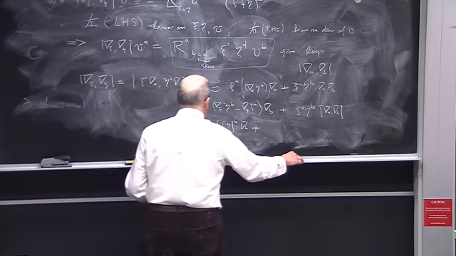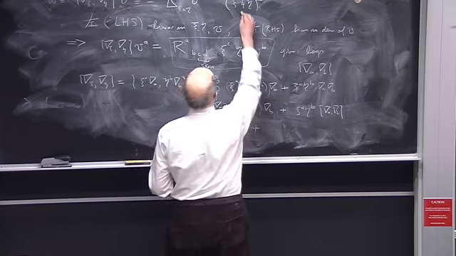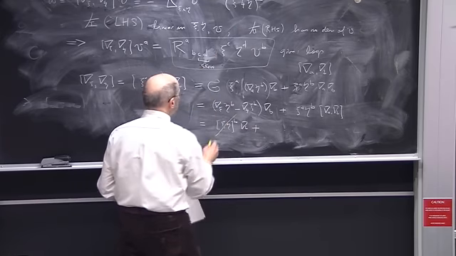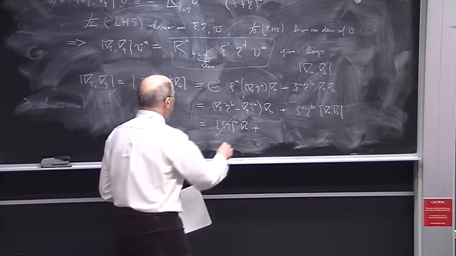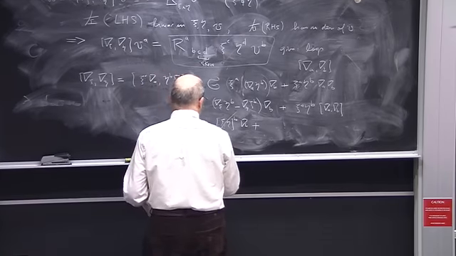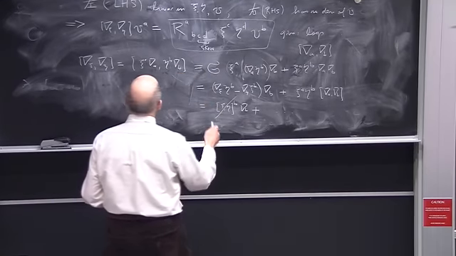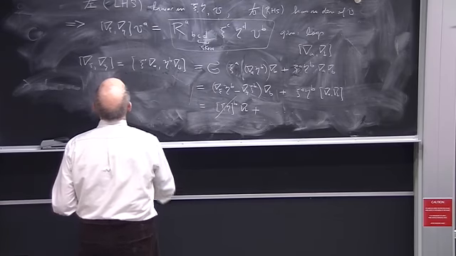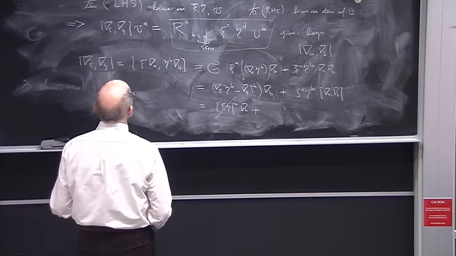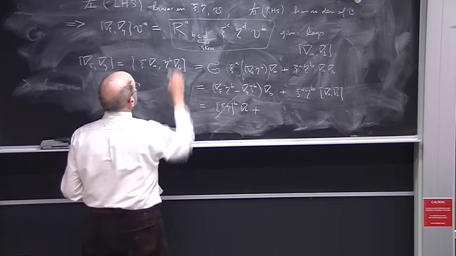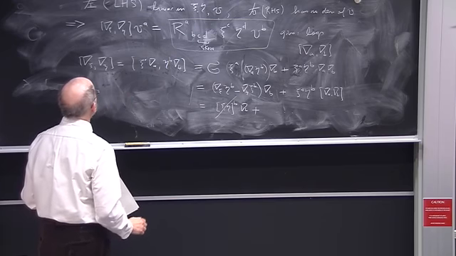But remember that when we set this all up, we chose two vector fields whose Lie bracket was 0. So that term isn't there, and the conclusion is that this thing, which was the left-hand side of our expression, equals this thing, which was the right-hand side of our expression.